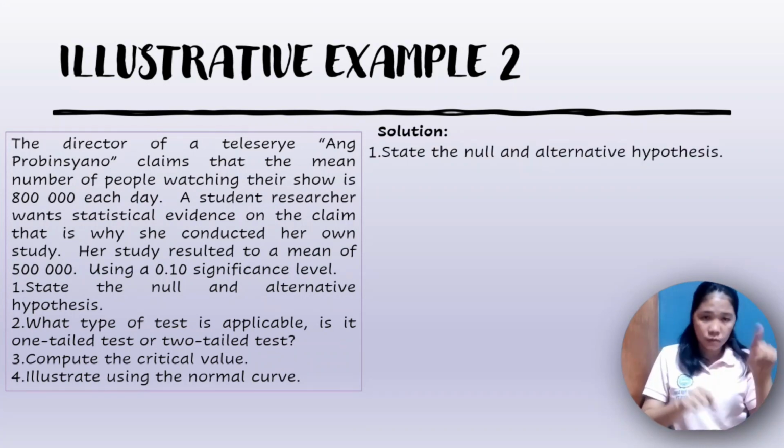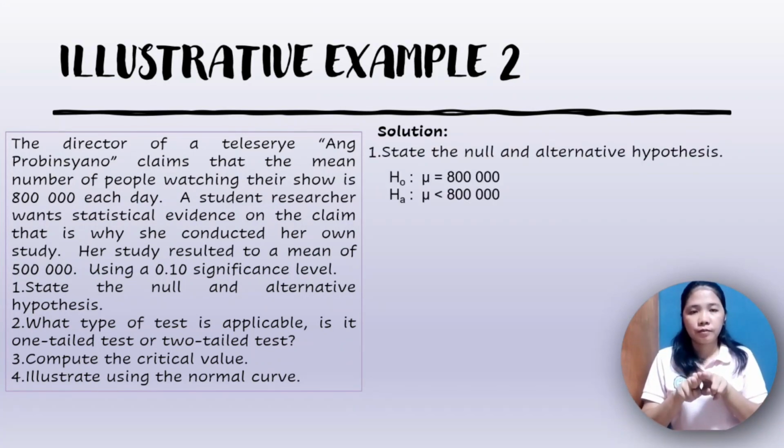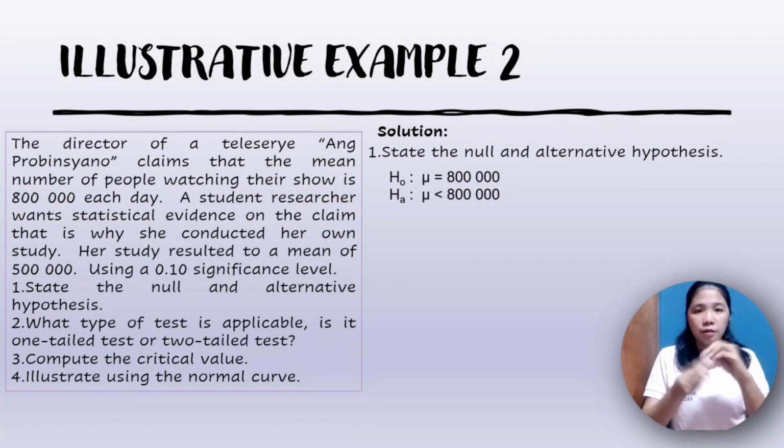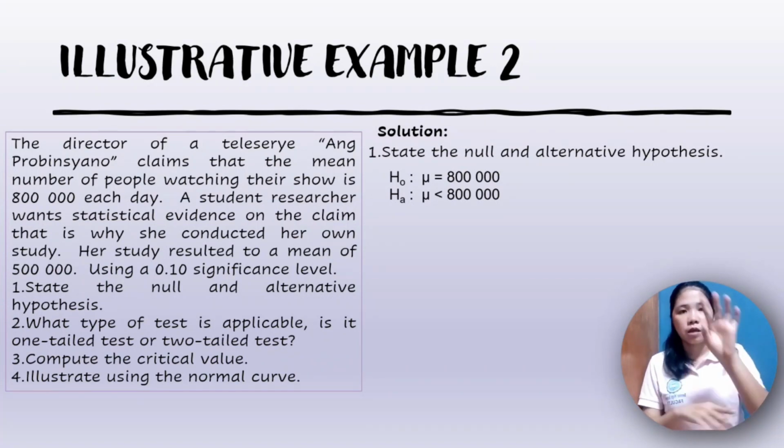Okay, solution. State the null and alternative hypothesis. According to the claim of the director of the teleserye, Ang Probinsyano, the mean number of people watching their show is 800,000 each day.